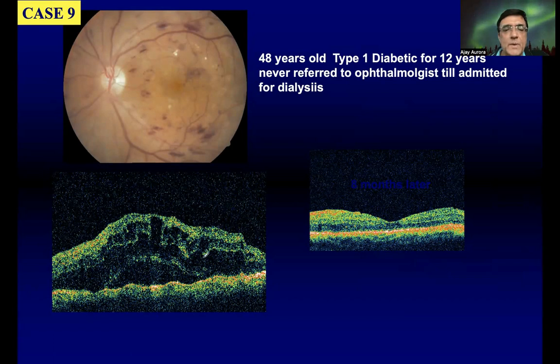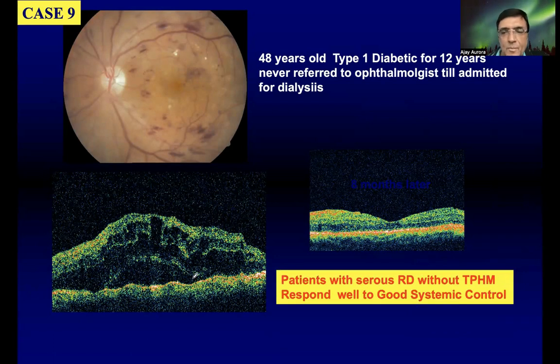When the patient came to us, the patient had this edema, neurosensory detachment. The patient was treated with dialysis. The serous detachment settled down, and the patient responded by just good metabolic control, no anti-VEGF injections.